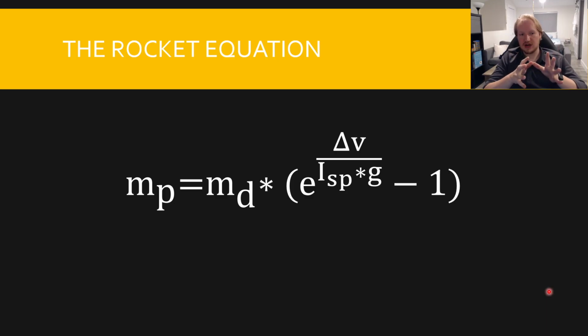This is very helpful if you're trying to figure out, based on a mission, if you have a fuel tank, how much you've got to fill it up in order to complete that mission. And of course you want to have a little bit of wiggle room there, but this will pretty accurately tell you how much of that noble gas or of that hydrazine you need to put onto a system in order for it to go.